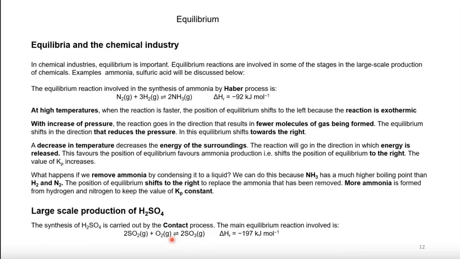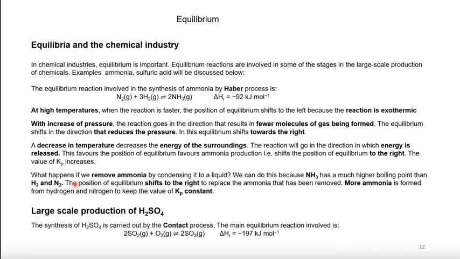Okay. Well, I said there are very interesting applications of the equilibrium constant in chemical industries. I mentioned the Haber process to produce ammonia, which is an exothermic reaction, and how an exothermic reaction depends on temperature and pressure, which we discussed in the last slides, and I just summarized it here.